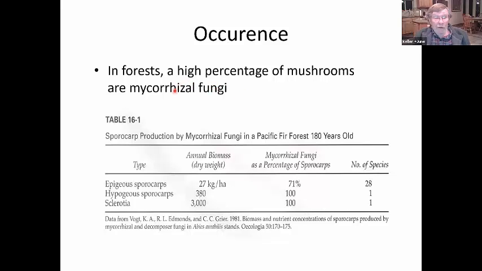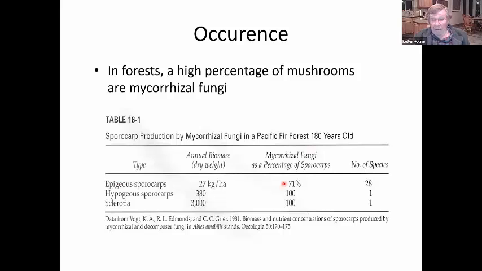If you go out in the forest, a high percentage of the mushrooms that you find are going to be mycorrhizal. This is a table that was done in a Pacific fir forest. And this means above-ground fruiting bodies like mushrooms or puffballs. They found 28 species, and 71% of those species were mycorrhizal.